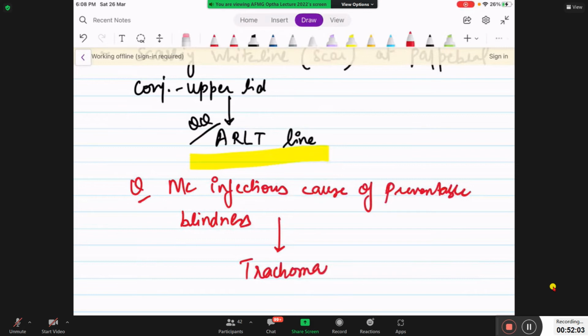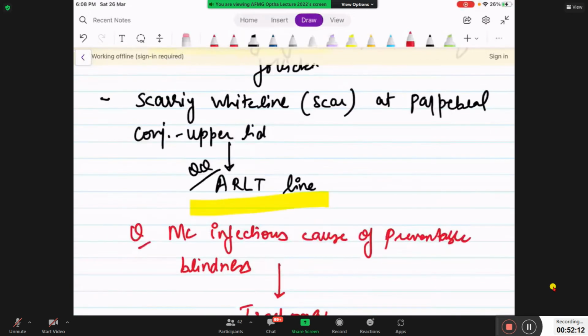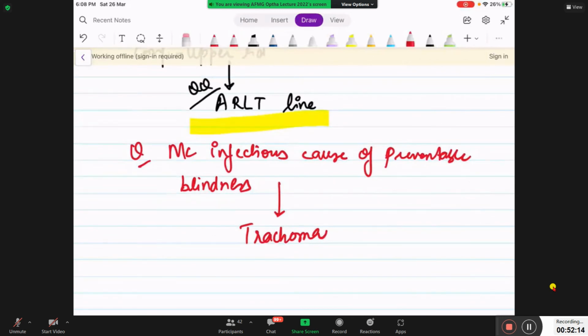Why does it cause blindness? Because the last stage of FISTO is opacity, corneal opacity. So the cornea will become totally opacified and the patient can become blind also.